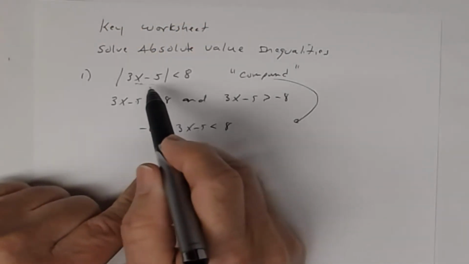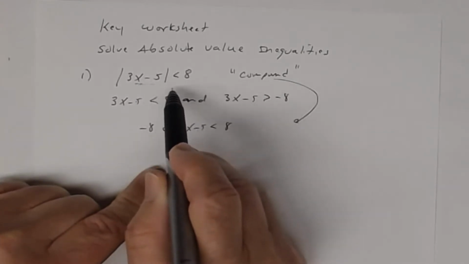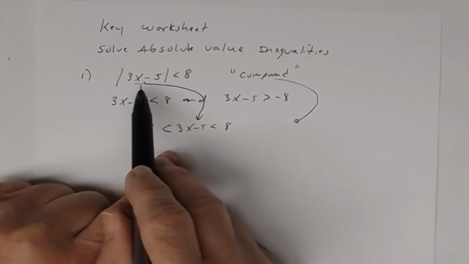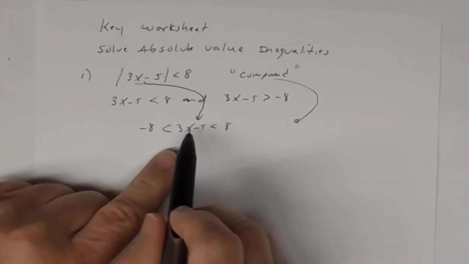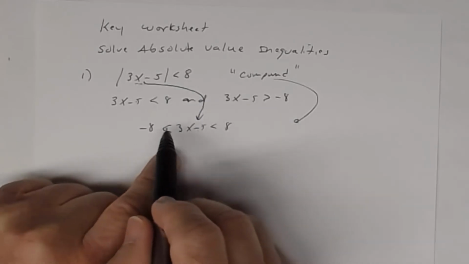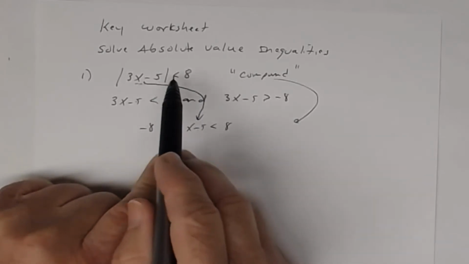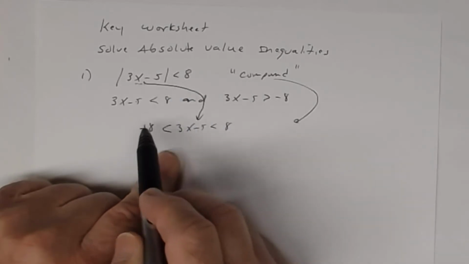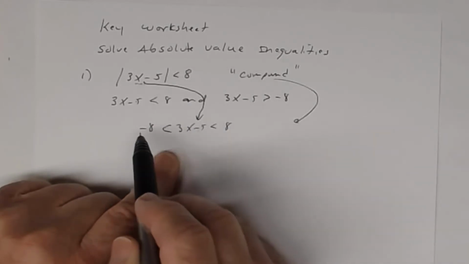Basically all you do when you see an absolute value less than is you take that expression that's on the inside of the absolute value bars, and you say it's going to be less than this number here, and at the same time it's going to be greater than the opposite of that number. Same, opposite, same, opposite.